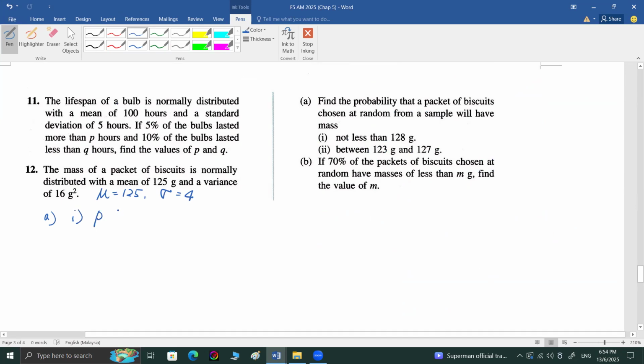Not less than, common to, between 123 and 127.